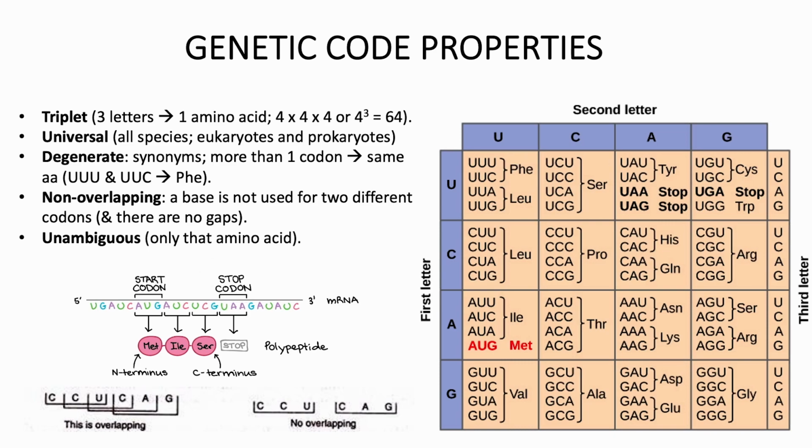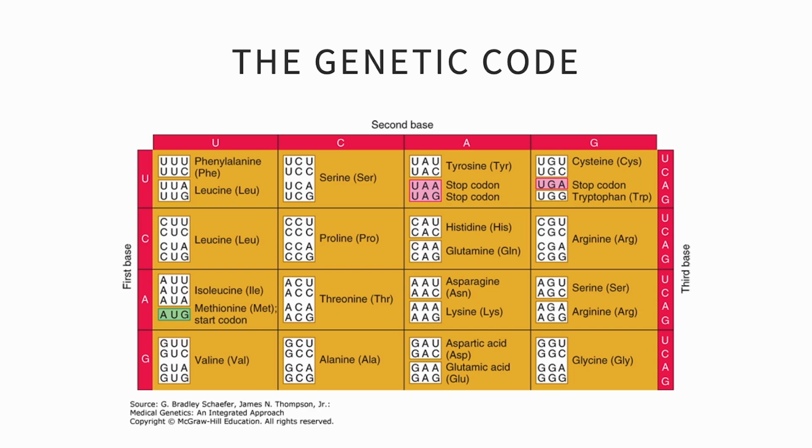And here we have another picture representing the genetic code, just if you want to have it by itself. We have here the stop codons, the start codon, and we can write here the mnemonics if you want. For the start codon, inaugurate.